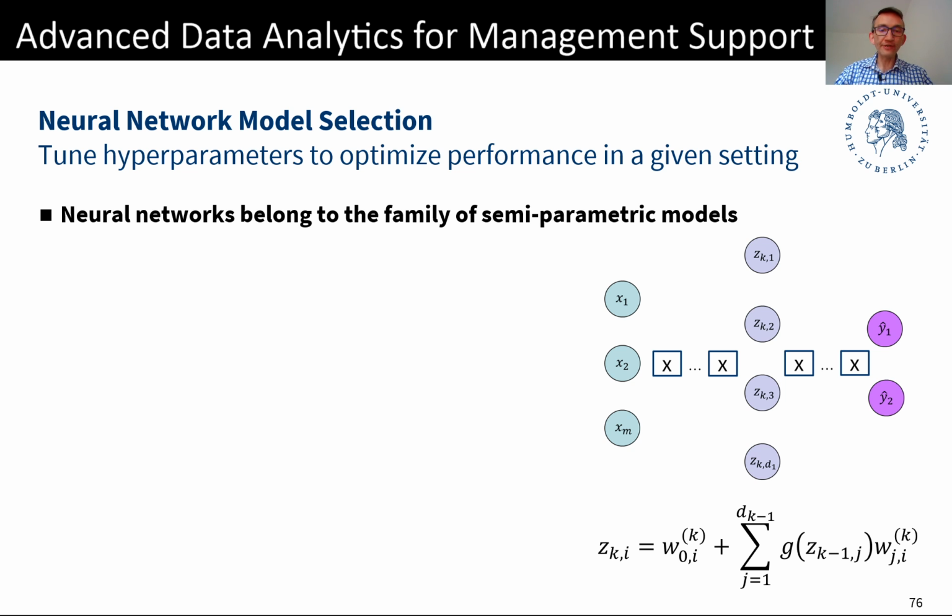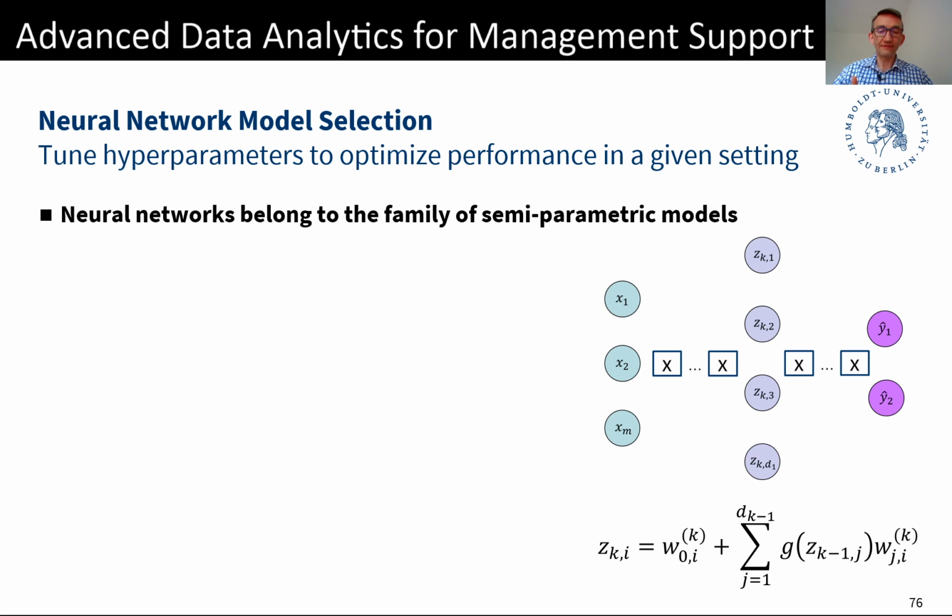And the reason why a neural network is a semi-parametric model is that the specific form of this parametric function depends on the network architecture. It depends on the number of layers that we have, the number of units that we have in each of these layers, these decisions that we as analysts have to make, they govern the shape of the functional relationship between the inputs and the outputs that the neural network represents.